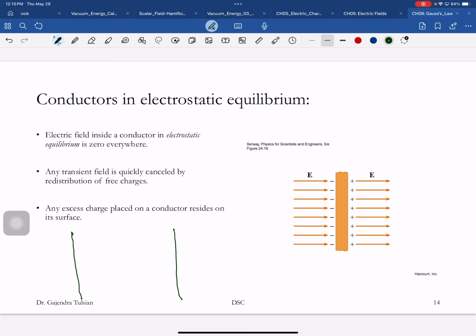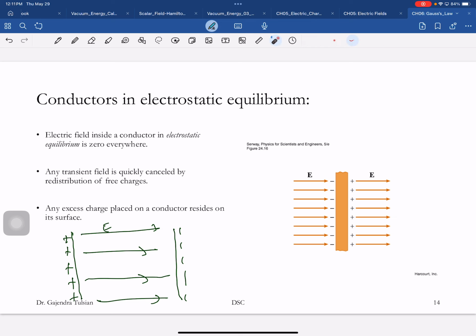So we'll smear this wall with positive charges and this wall with negative charges. And what I'm drawing is the electric field everywhere in this room, pointing in that direction, and the magnitude is the same.